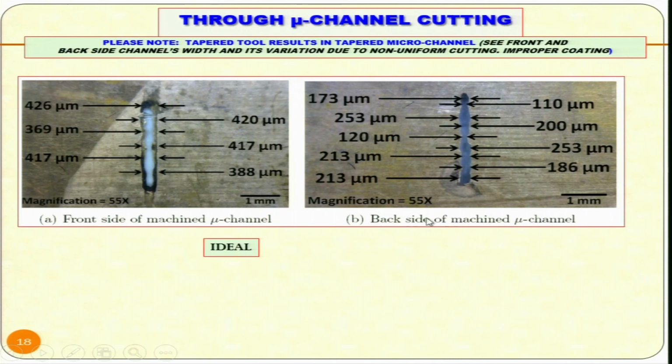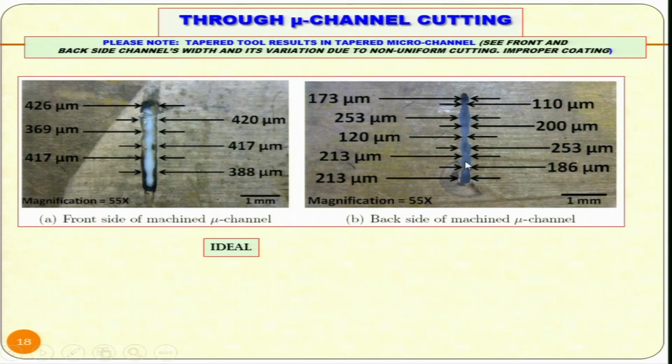And this is the back side of the microchannel, and you can see it is smaller than this, and it is non-uniform, because as the inter-electrode gap increases, the current density decreases, so material removal rate will also decrease.